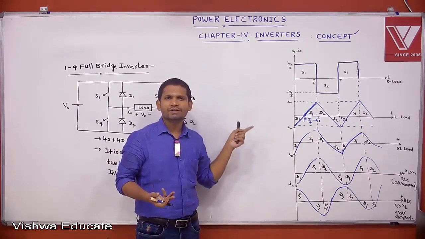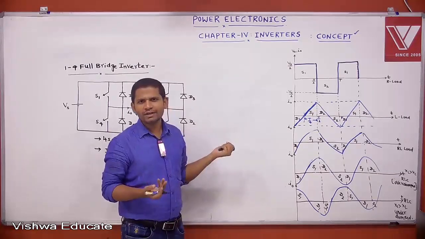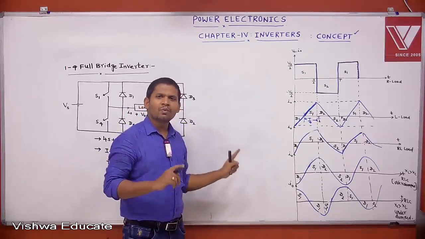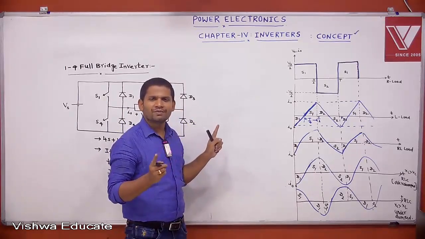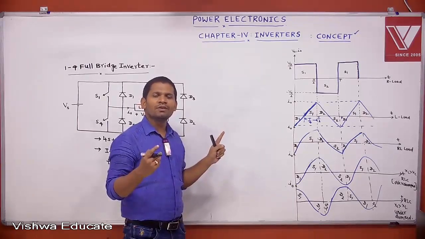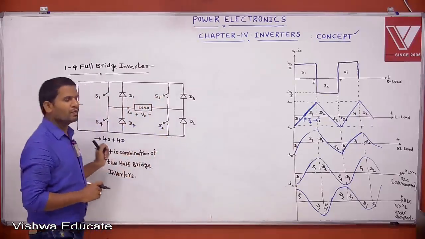Two devices. That is the only difference. But the output voltage is Vs instead of Vs by 2. The remaining waveforms are all the same. In the sequence of conduction of devices, instead of one device, two devices will conduct. That's the only difference.